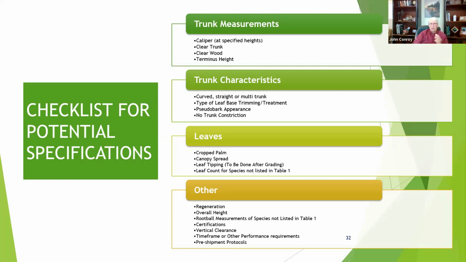There are other aspects. It can go so far as to say, I want this measure of hydration. That can be quantified. You can say, I want this tool used and I want this level of hydration in the root ball at the time of shipment. And I talked before about how difficult it is to play catch up when you've got a dry palm tree showing up on a job site.